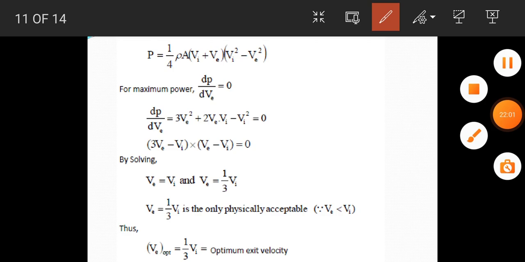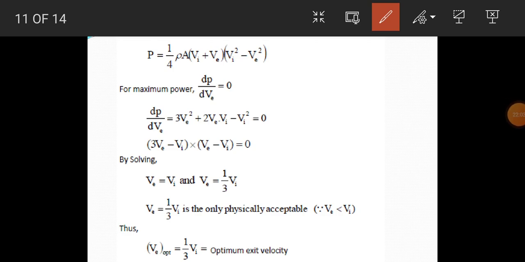After differentiation, taking the terms common, we get (3ve minus vi) into (ve plus vi). By solving this, we get ve is equal to vi, and as this is a second power equation, we get two answers: ve is equal to vi, and ve is equal to 1 by 3 vi.